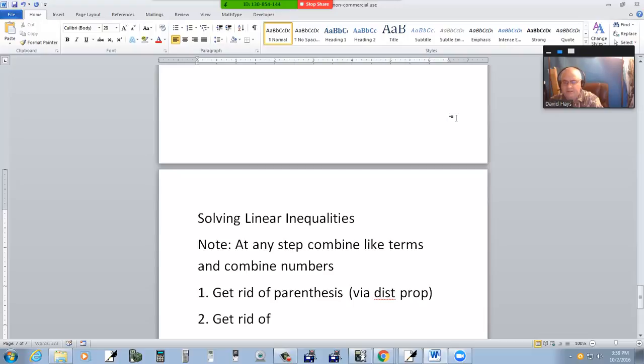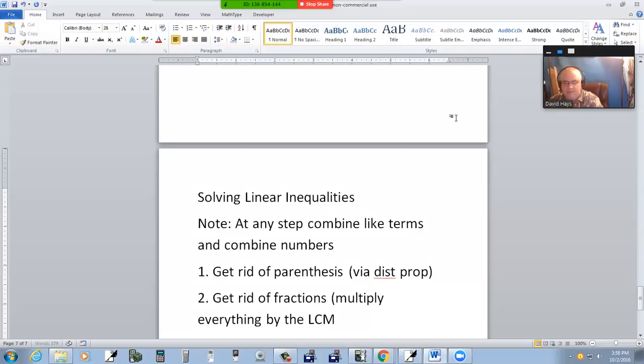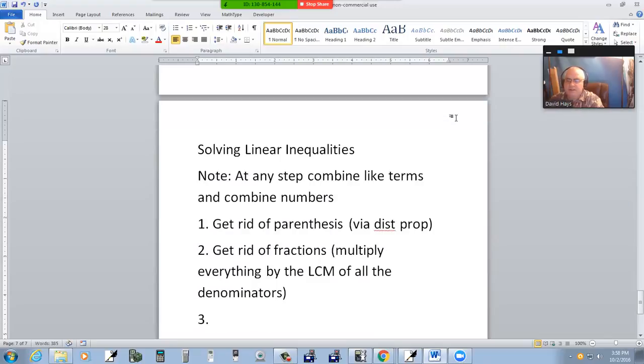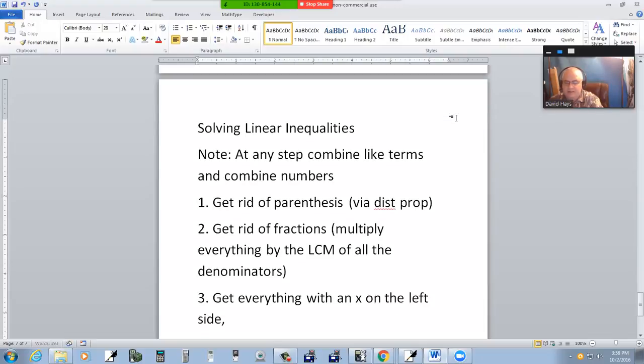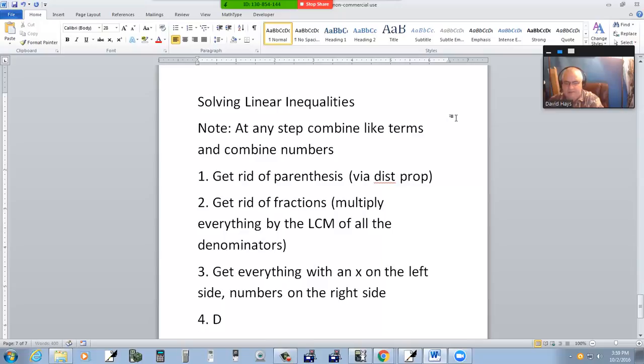Get rid of fractions. We multiply everything by the LCM of all the denominators. Step 3. Get everything with an x on the left side, numbers on the right side. And step 4, divide both sides by the number in front of the x.